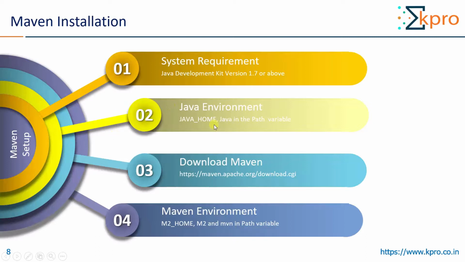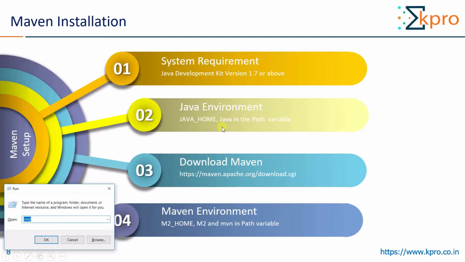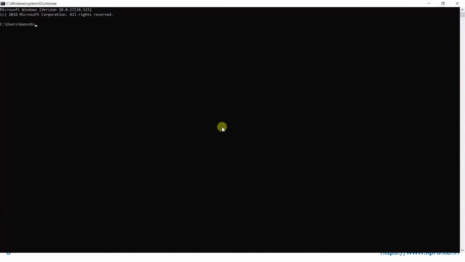Let me check system requirement whether I have Java or not. That can be checked by executing this command, java -version. I don't have Java in my environment, so I will have to download Java and configure the respective variables.